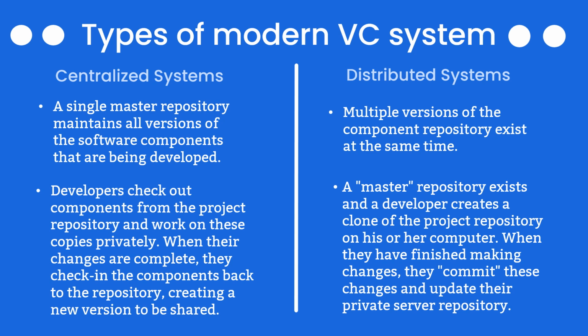When they have finished making changes, they commit these changes and update their private server repository. They may then push these changes to the project repository or tell the integration manager that changed versions are available.